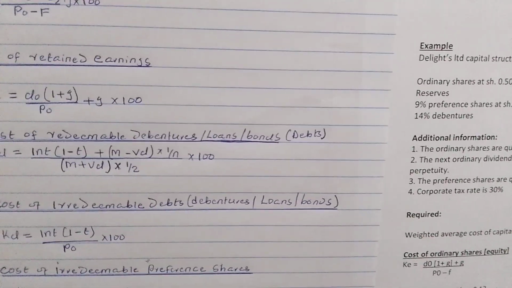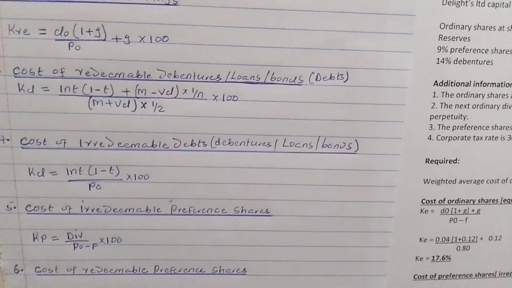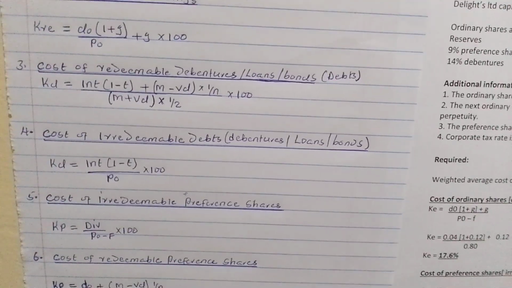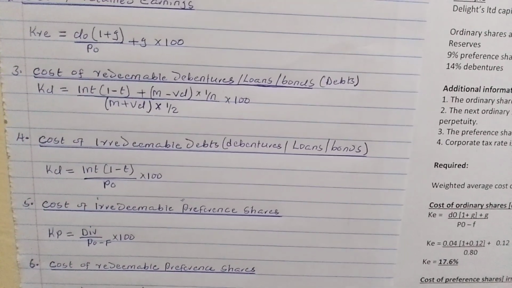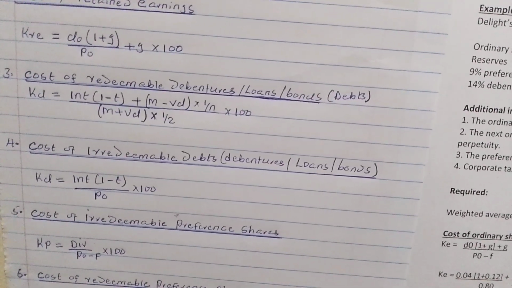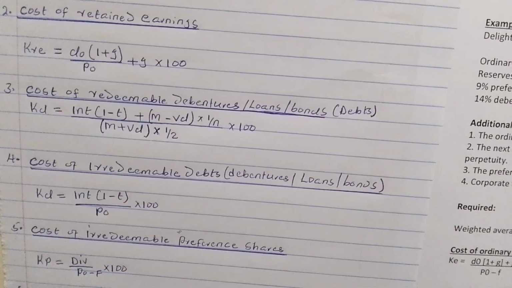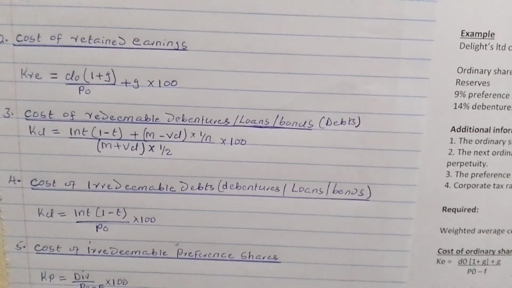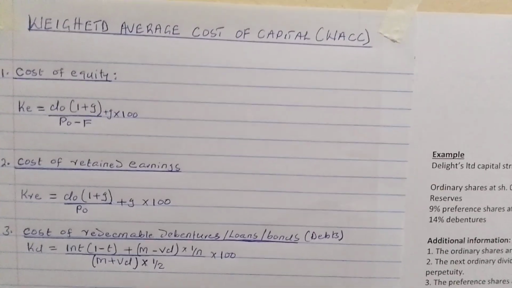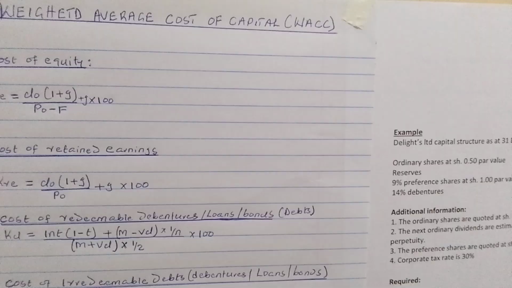Now, debts will comprise of loans, debentures, and bonds. So anytime you come across debt, think of either a loan, a debenture, or bonds. That's the first very critical part as far as weighted average cost of capital is concerned.